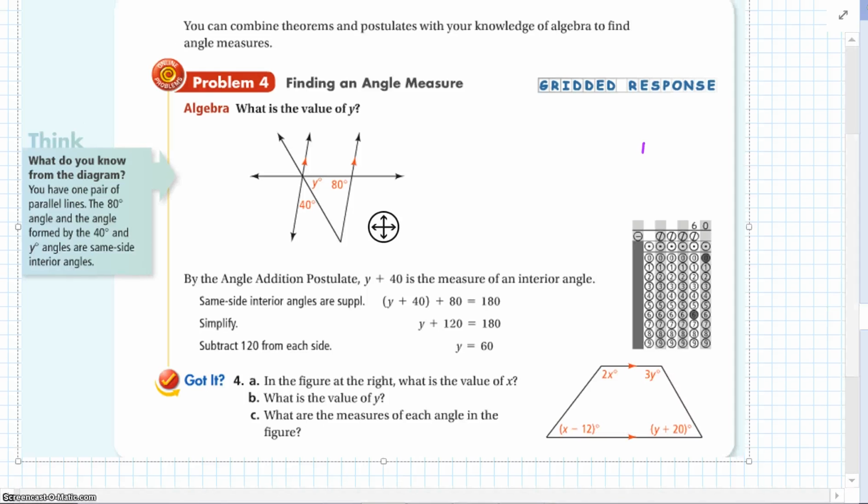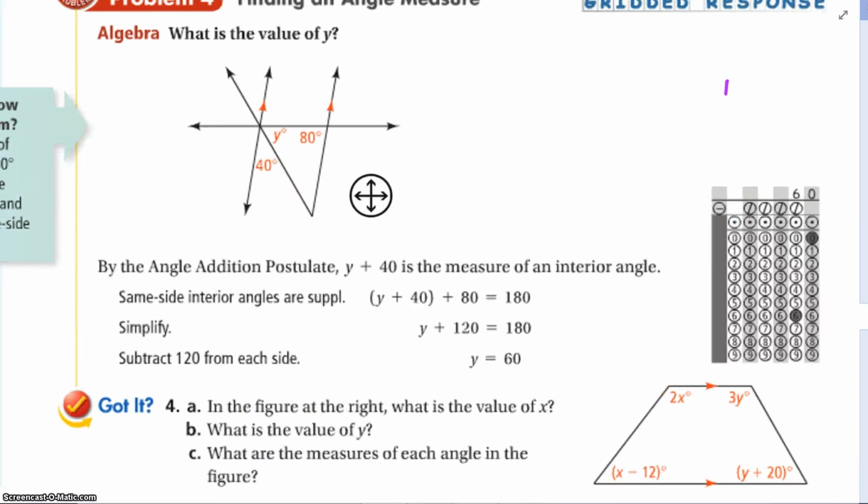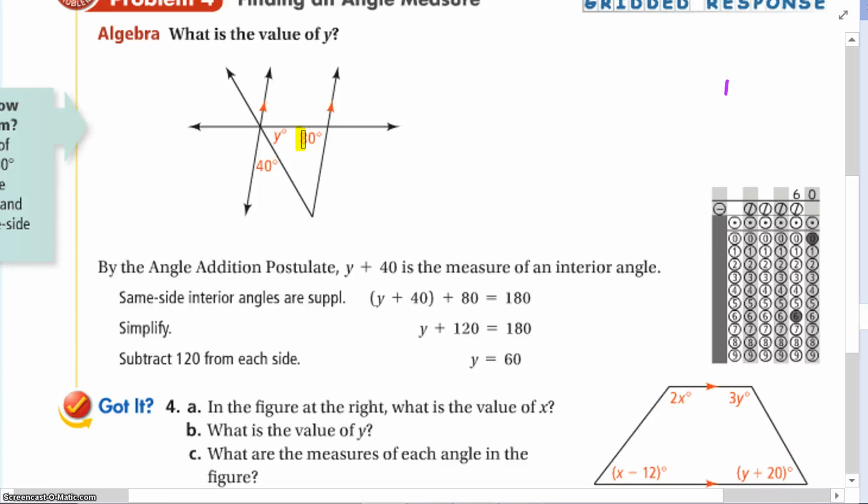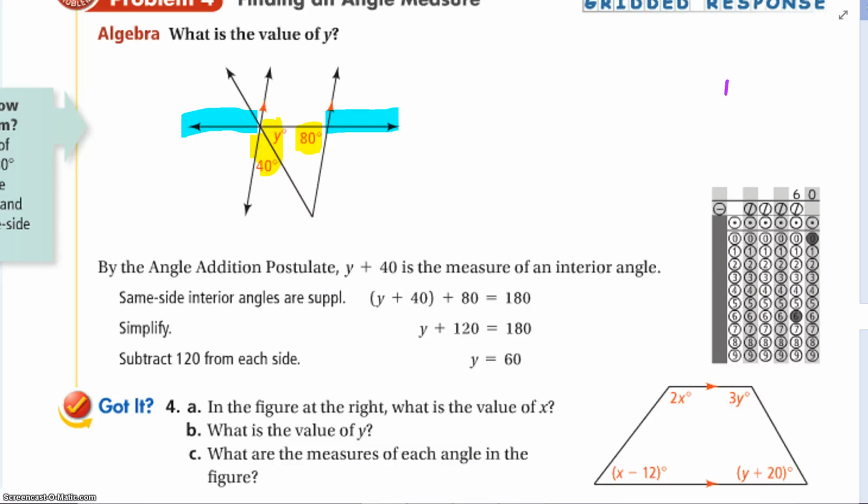You can combine theorems and postulates with your knowledge of algebra to find angle measures. What is the measure of angle y? So let's look at this one real quick. We know this angle and this big angle are same side interiors off of the transversal I'm going to highlight in blue. So we know the sum of those three angles must be 180.